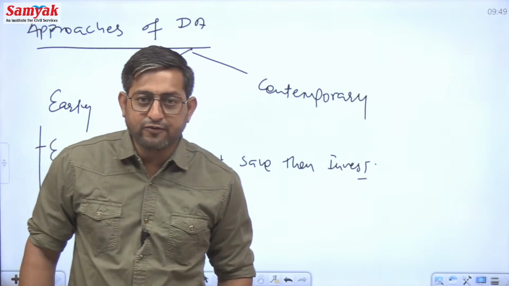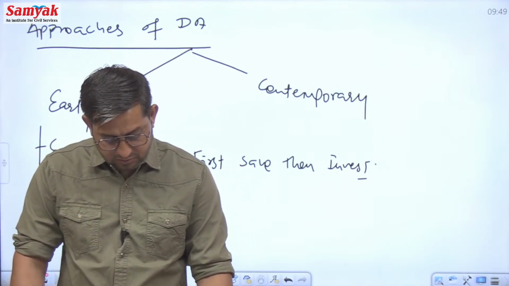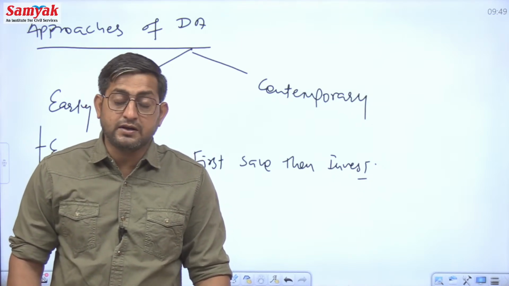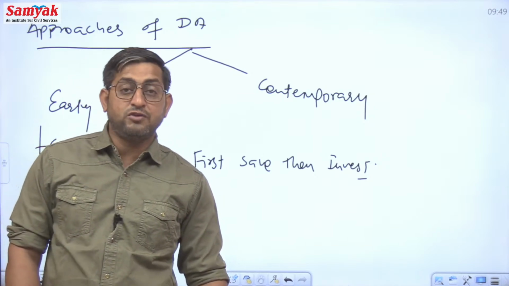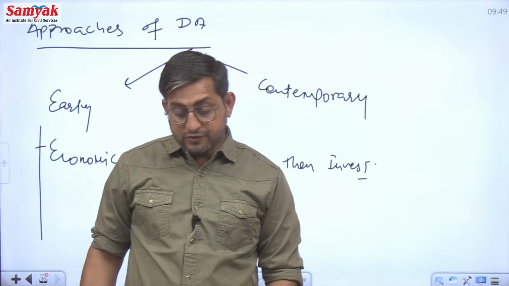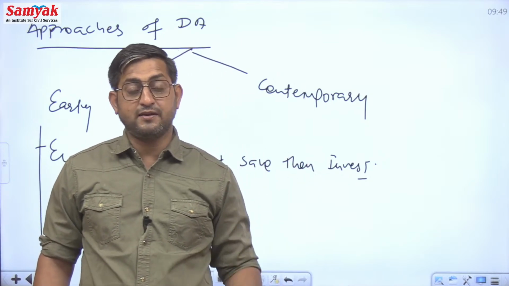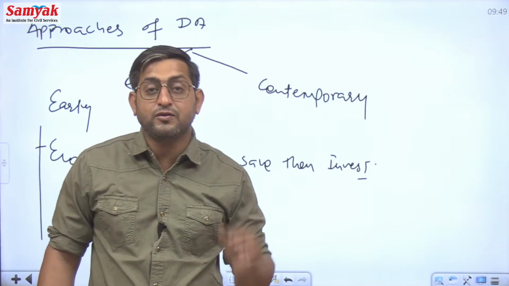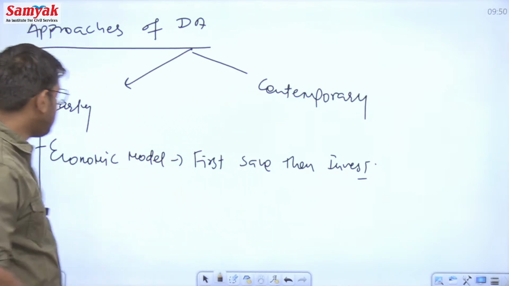It was argued that first the African countries should try to increase their socio-economic status. So a country should not invest by taking debt. That should not be debt financing. So obviously, if you go at this pace, then by what time will you be able to save, and by what time will you be able to invest? So this model was not accepted. Similarly, we have the diffusion model.